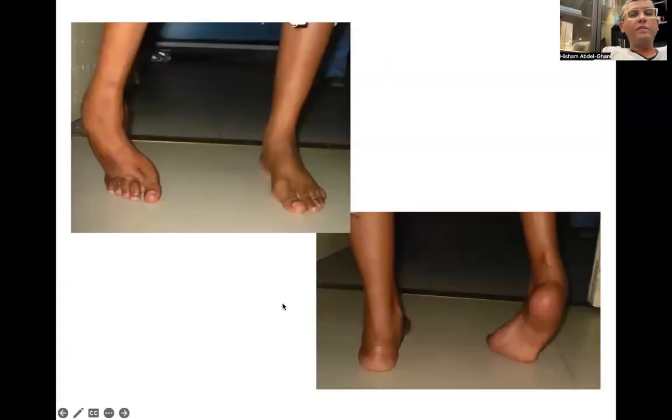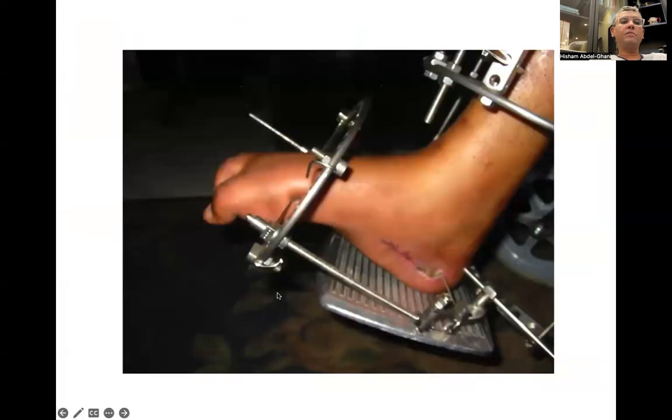This patient is 28 years old with very rigid equinovarus deformity of the foot. In this case, it couldn't be corrected with surgical release or lateral sliding calcaneal osteotomy, and the heel and the deformity is very rigid and severe.